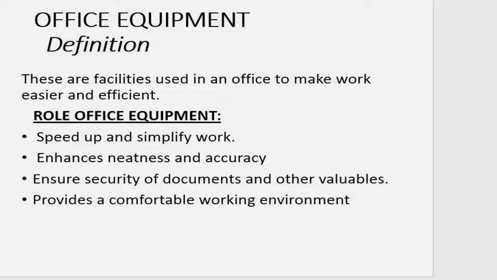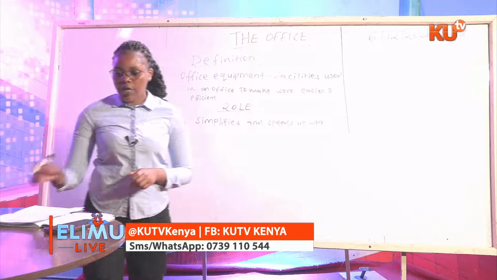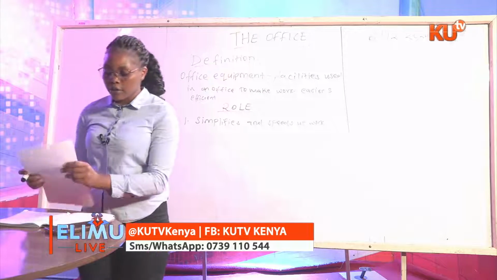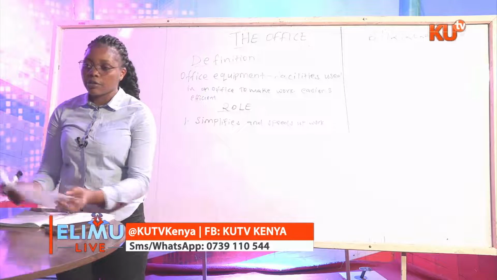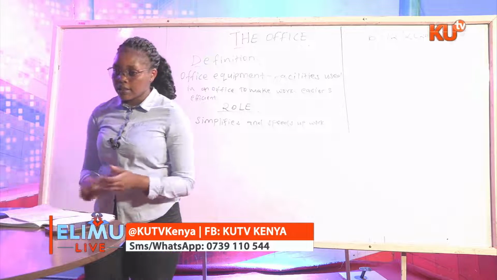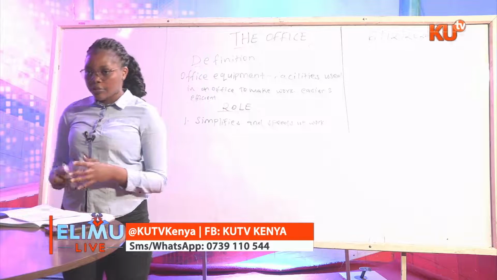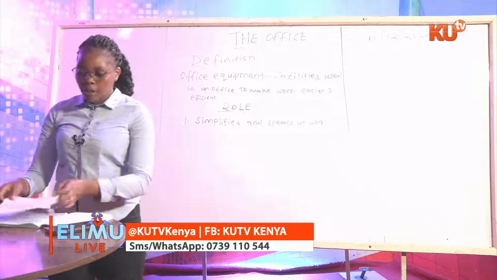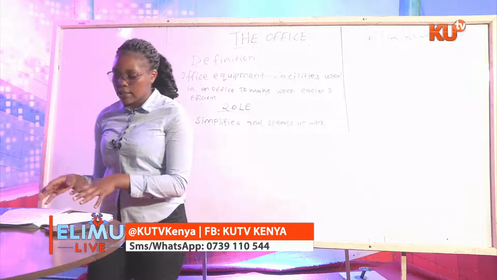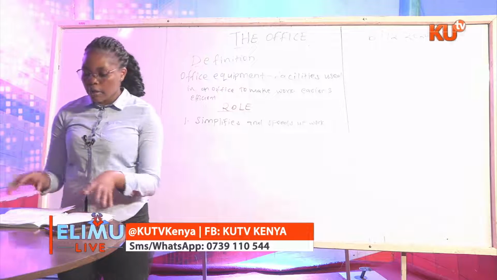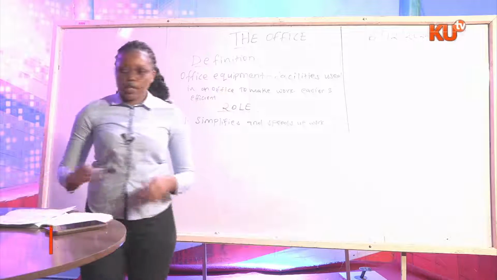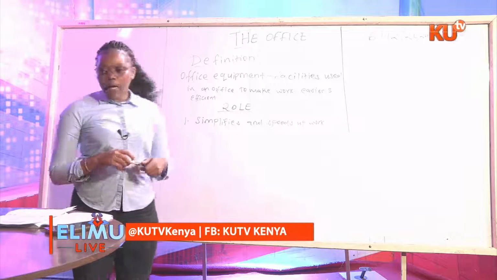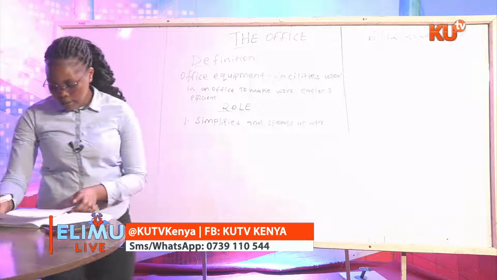For example, if you have documents like these papers that I'm holding here, and you have so many of them, they could be scattered all over. So there is equipment that you use to put them all together to make them look neat and not scattered in our working areas in an office or wherever we are working from.